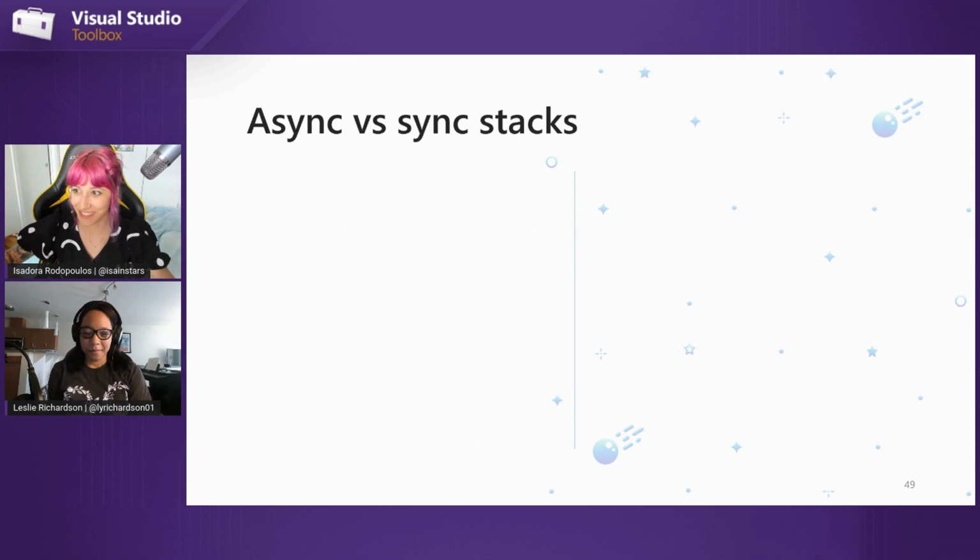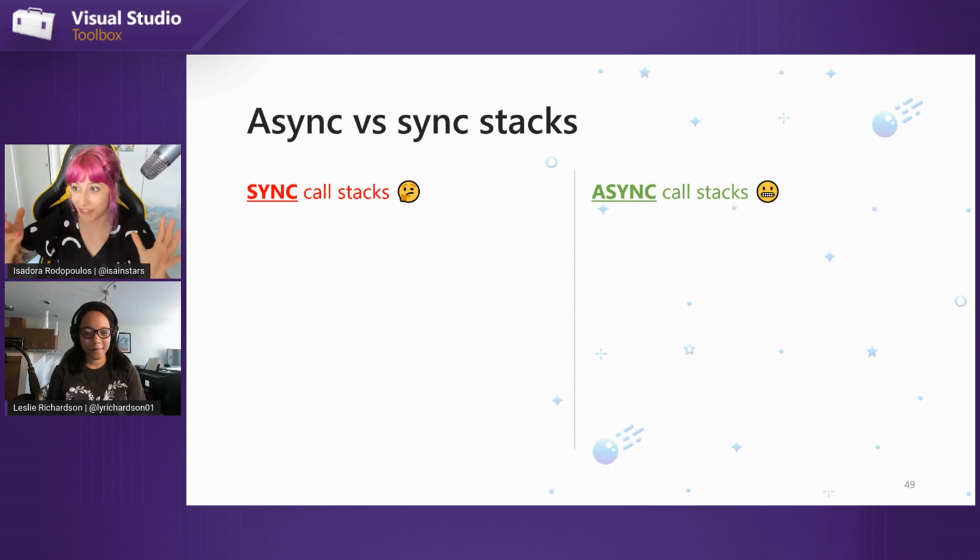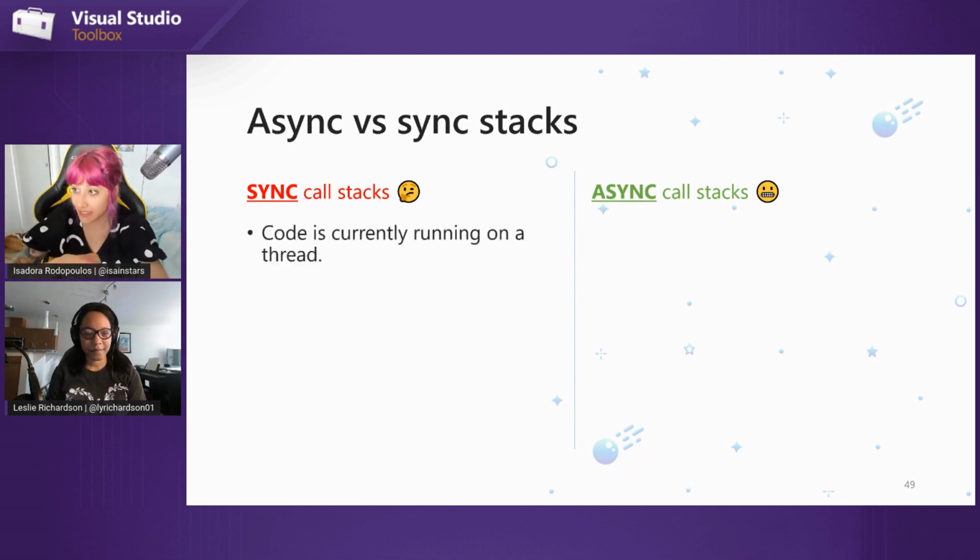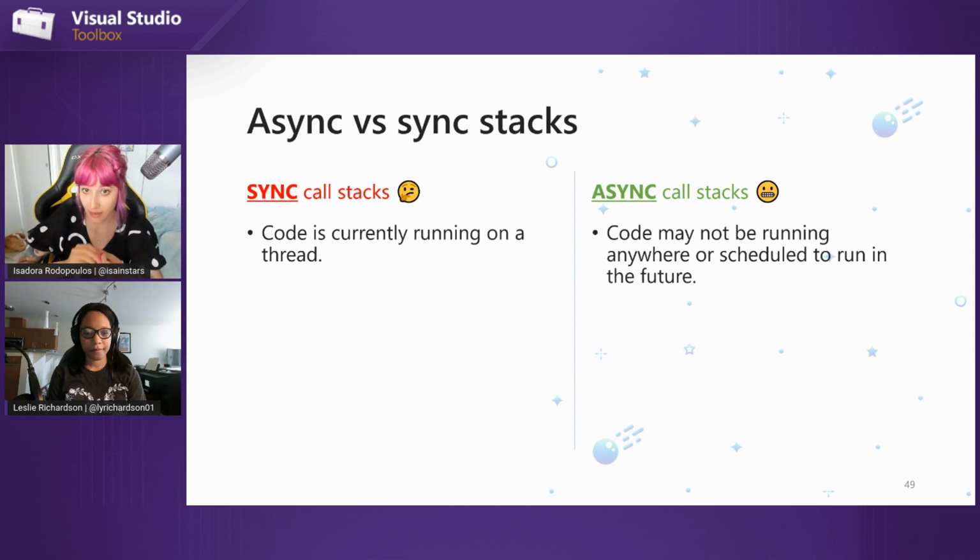So just so we can grasp exactly what is the difference between them, I have here a table comparing sync and async call stacks and what they would actually mean under the hood. So for example, in the sync scenario, the code is actually currently running in a thread. As in the async call stacks, code may not be running anywhere. They are just scheduled to run in the future.